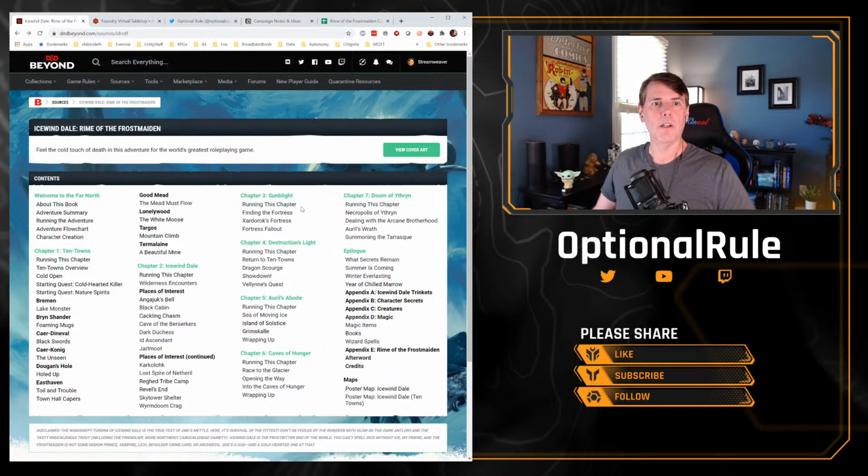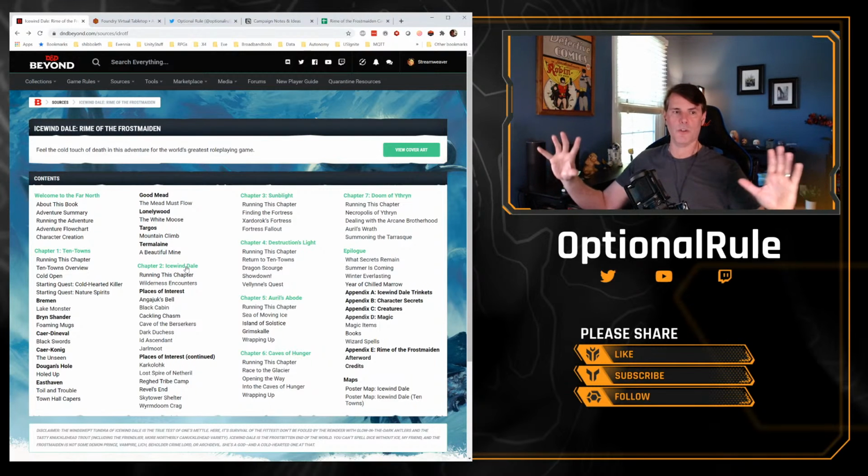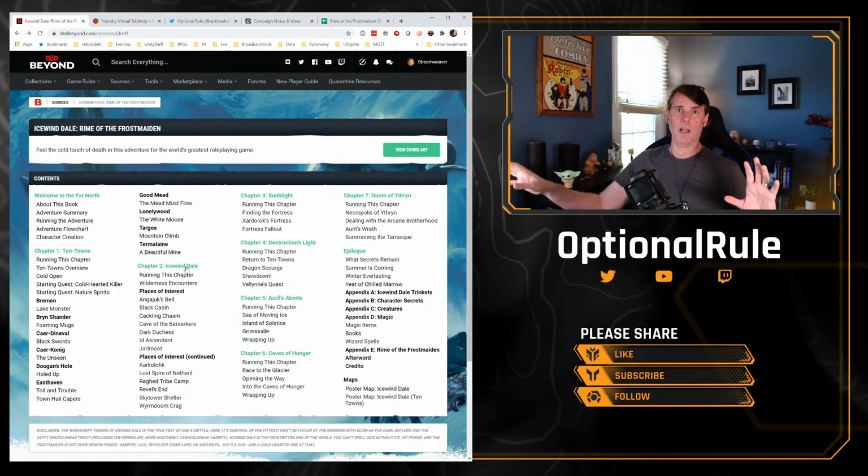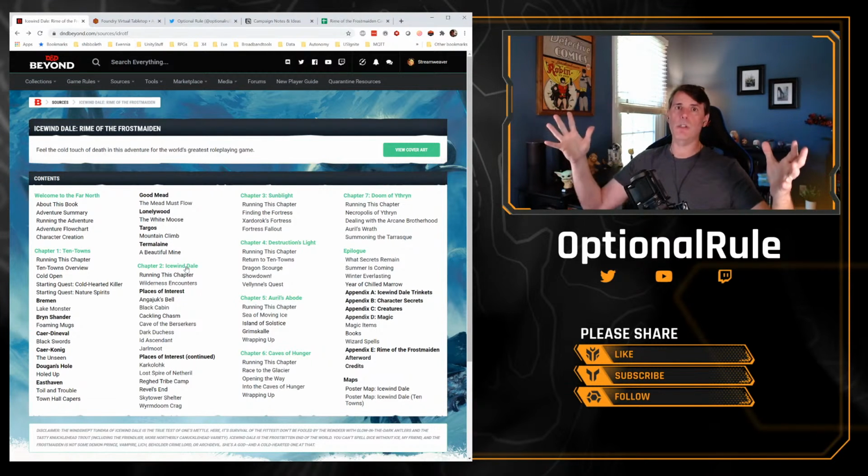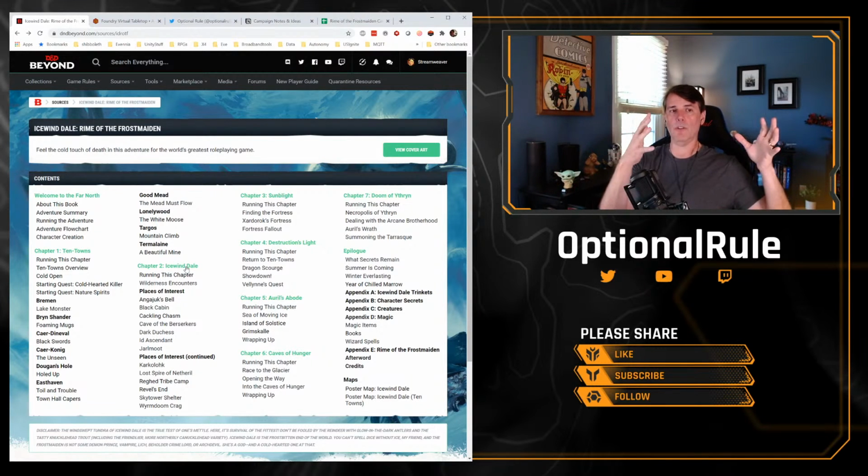And the cap off to this level 2 with these Icewind Dale regional adventures is going to be uncovering the machinations of the Duragars themselves. So basically take out their agents. So the culmination of that will be undoing this 10 Towns and this Duragar plot to take things out. At which point they've handled the local 10 Towns elements.